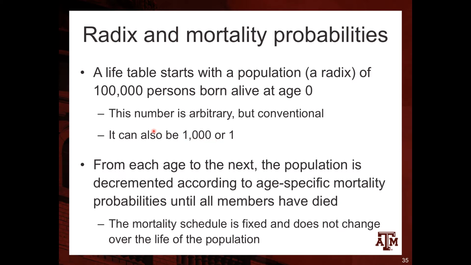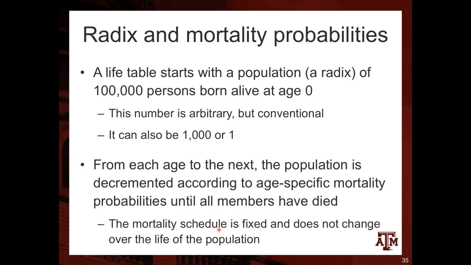But overall, if we are trying to compare different countries, we get the age-specific mortality rates for, for example, Japan and the US, and then apply those chances of dying to the same number of people. From each age to the next, the population is decremented according to the age-specific mortality probabilities until all members have died.